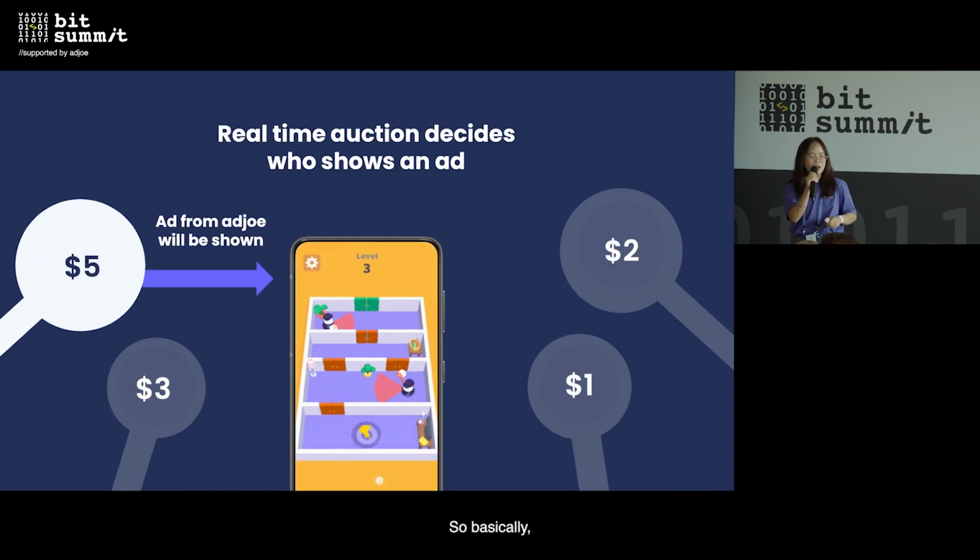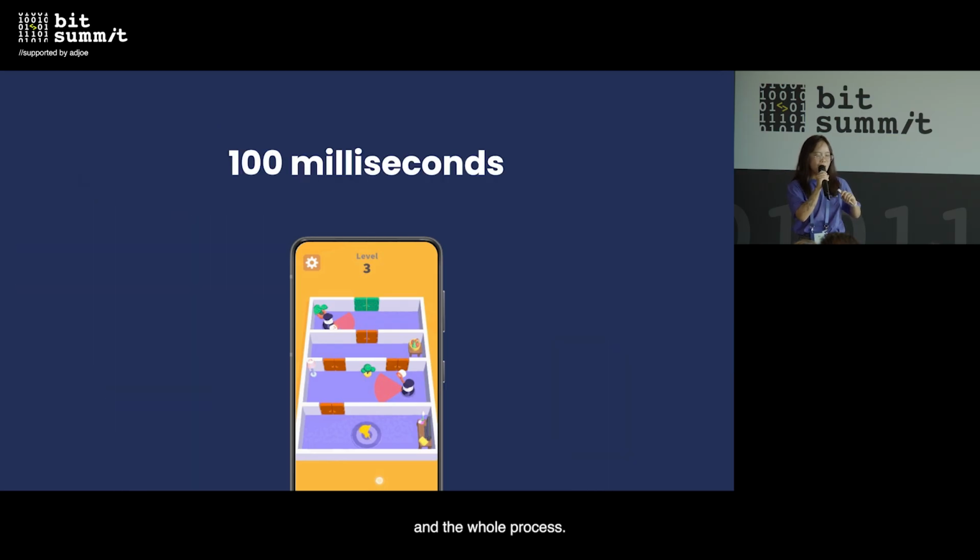Basically, in real-time auctions, we participate, and the system decides whose ads to show to those users. The whole process, when you finish a level and the ad shows up, happens really fast, within 100 milliseconds, because it doesn't make sense to wait 5 minutes to see an ad. So this is a really fast-paced environment.